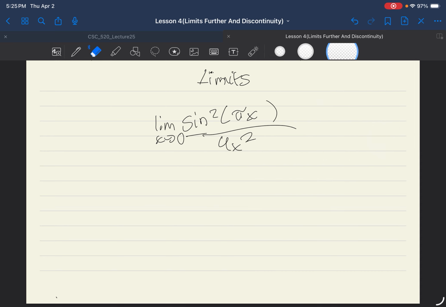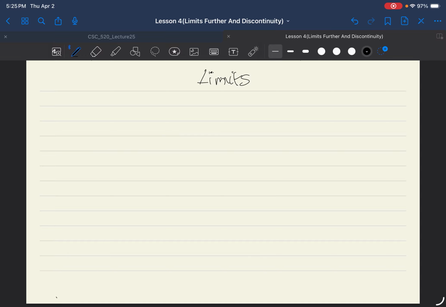Let's actually go over a problem really quick that I'll create. So the limit as x approaches 0 of sine cubed pi x over 3x squared. All right.